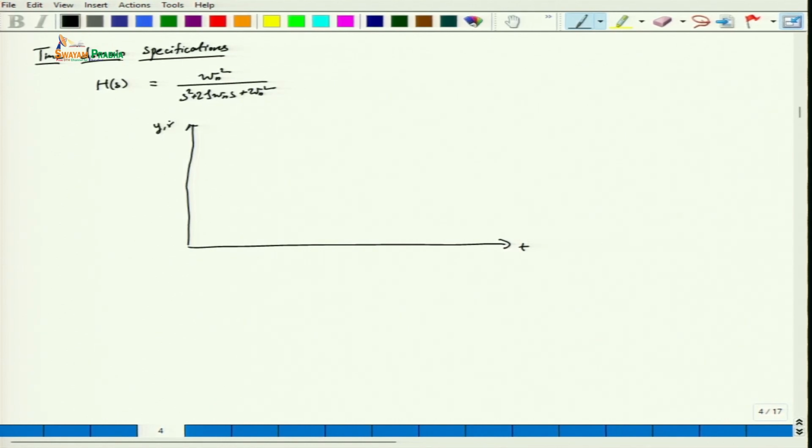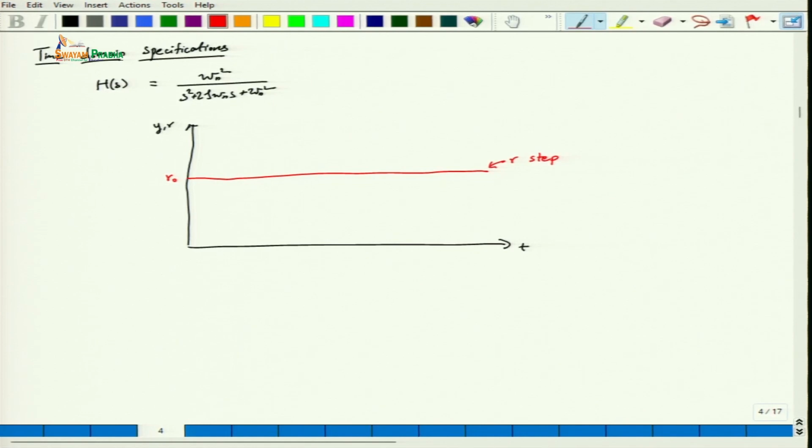So, here let us draw a graph representing the response of this system to a simple step input R, where the step is R naught. So, this is basically R, which is a step signal.